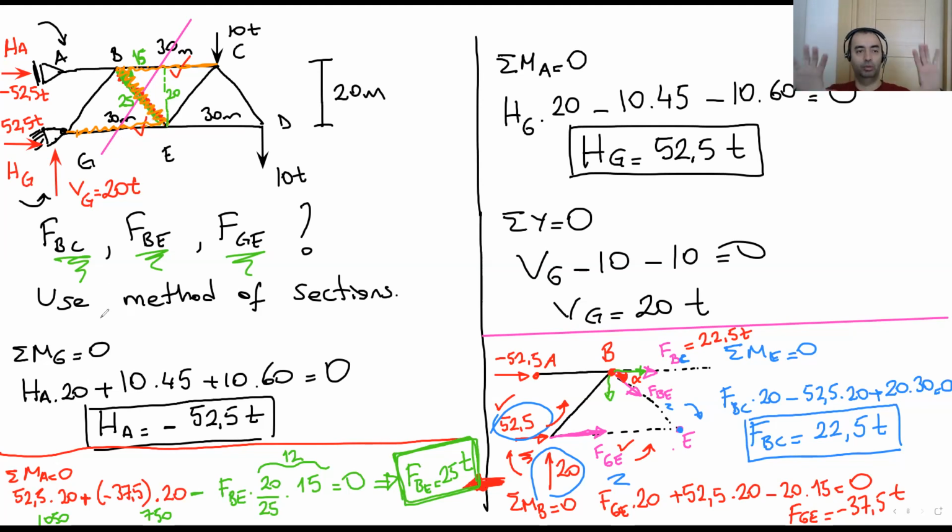So split it into two pieces. You can use left piece or right piece. It depends on you. In this question, what I did, I used the left piece with the support reactions. You can solve this problem with the right piece. There is no support reaction.